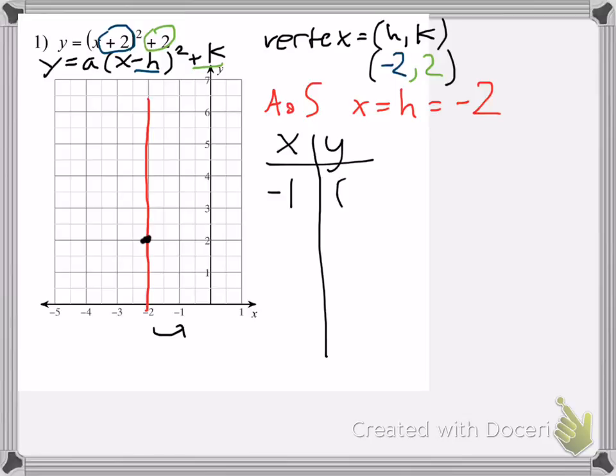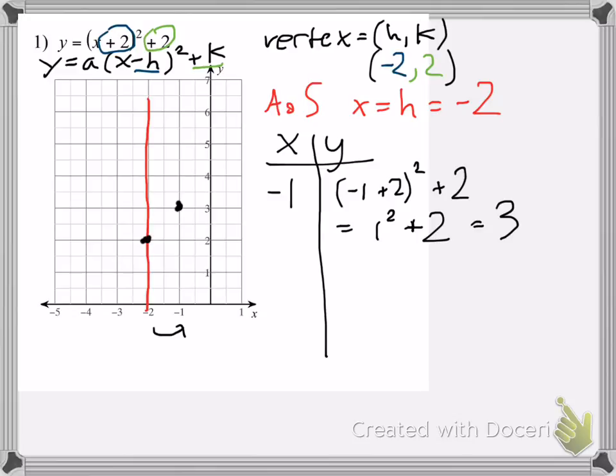So that's going to be negative 1 plus 2, squared, plus 2, which equals 1 squared plus 2, which is 3. So when x is negative 1, y is 3. So let's put that point on the parabola.